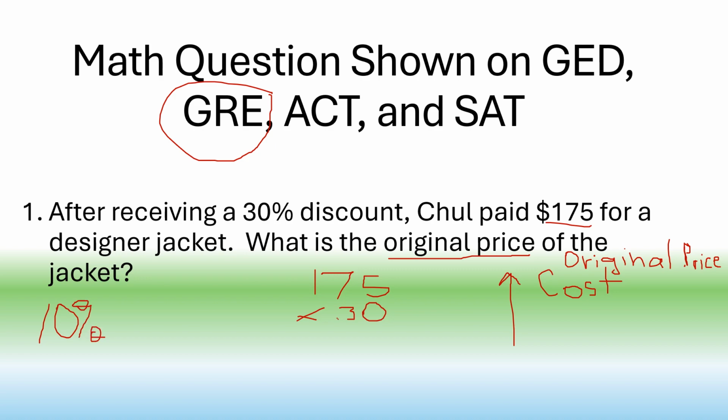If you would take 10% off, you're doing $17.50 3 times. And 17.50 times 3 is going to get you $52.50.